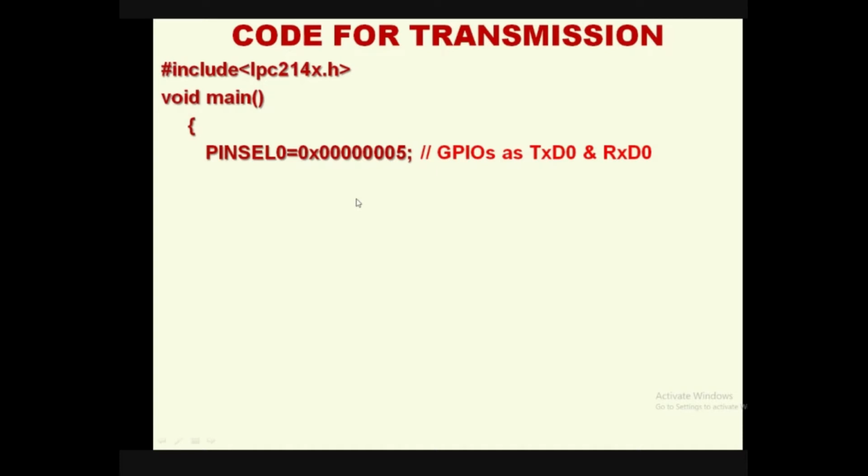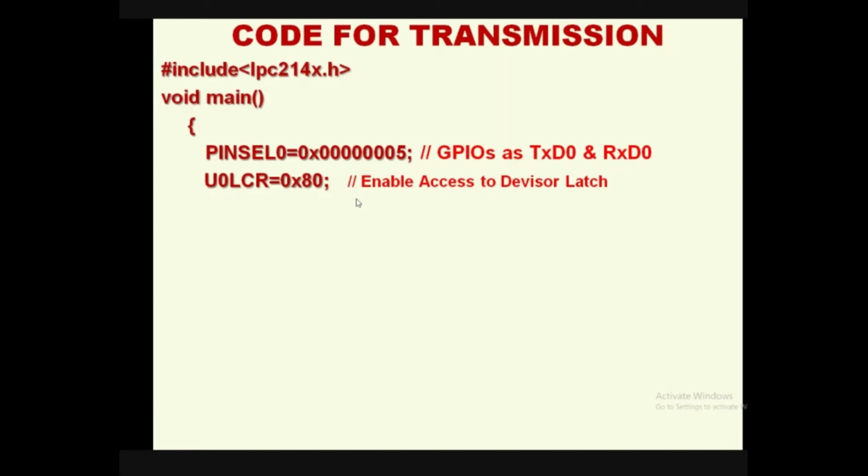We are interested in transmitting the data at 9600 baud rate. For that, we have to enter into the divisor latch. So the UART 0 line control register has to be loaded with the value 0x80 to enable access to the divisor latch.